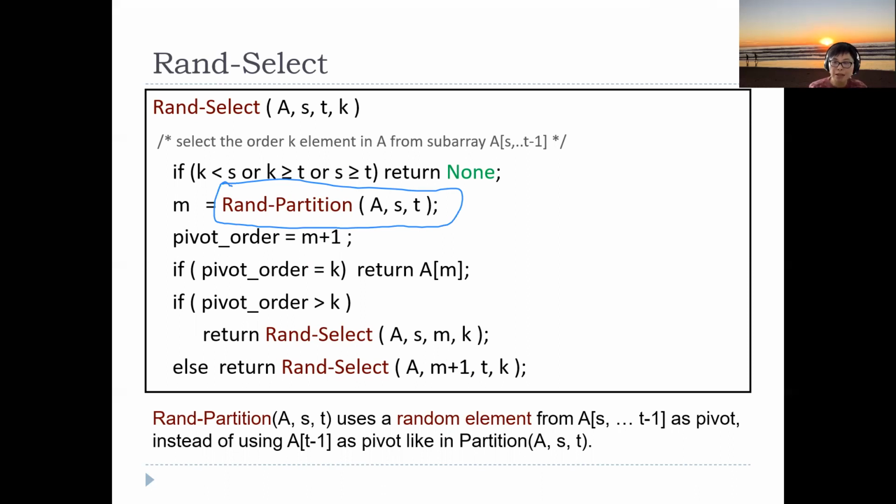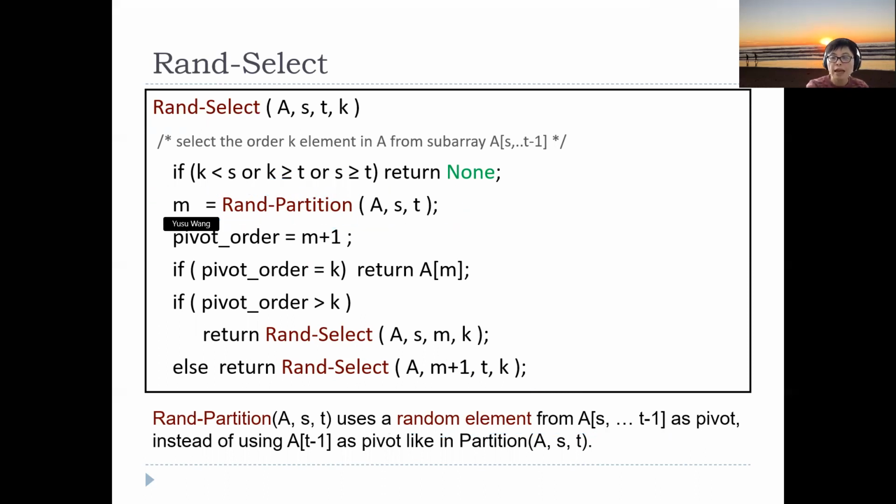That's all the difference. Everything else is the same as before, but of course, for the recursive call, you have to recursively call the same randomized version. Namely, in the recursive call, in the partition there, you also need to pick a random pivot. So this is the only difference.